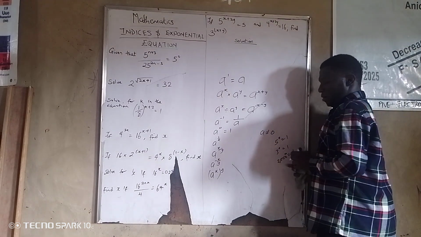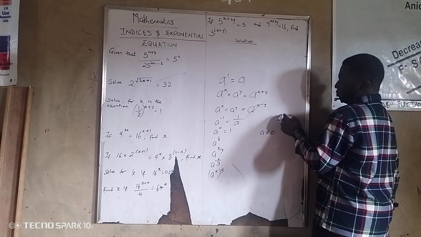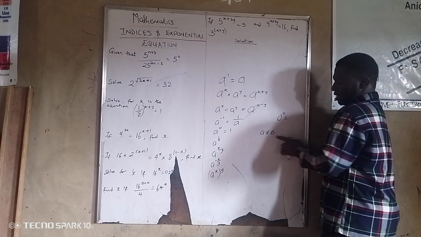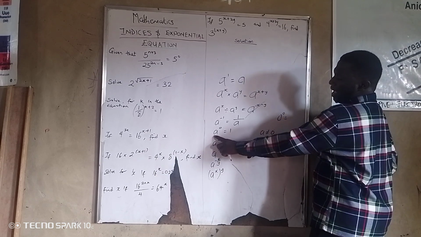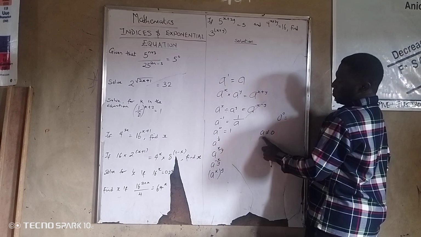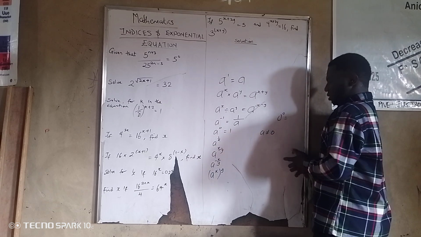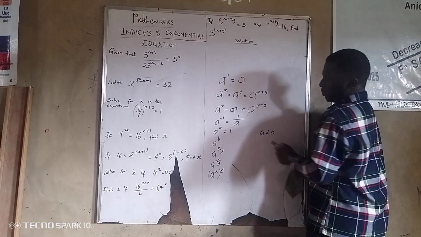But if it is 0 raised to the power 0, it's not 1. So this means that if a number raised to the power 0 is 1, that number cannot be 0. But any other number that is not 0 raised to the power 0 is 1.